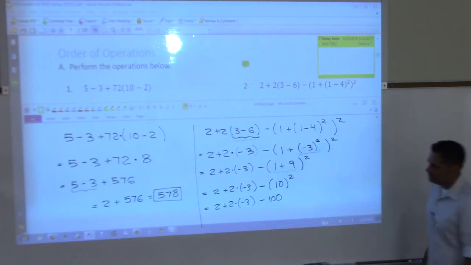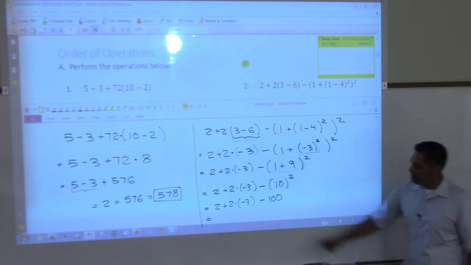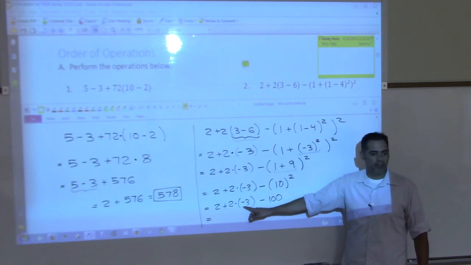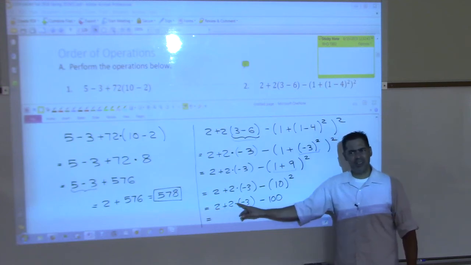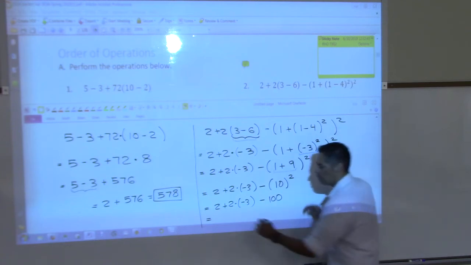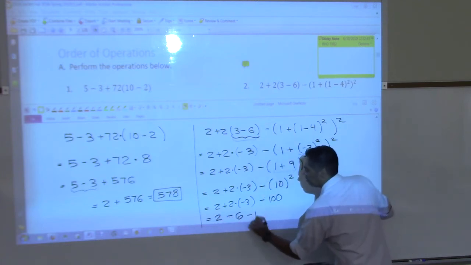And we keep going. What should I do next? Next line. Multiply 2 times negative 3. That's negative 6, right? So what should I write here? I'm going to have 2 plus negative 6 is the same as 2 minus 6. So we're just going to write 2 minus 6 and then minus 100.